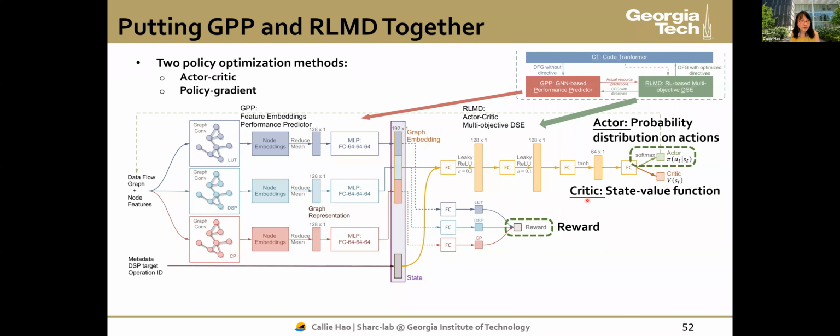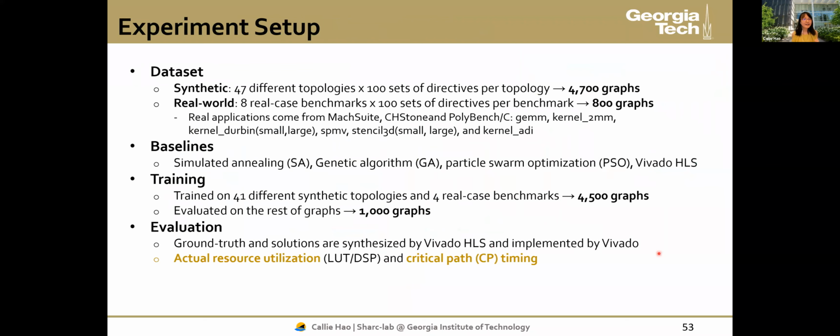This is only used for the actor-critic policy optimization method. And here is the reward. It takes the predicted resources to compute the reward function. So this puts the graph neural network and the reinforcement learning together.